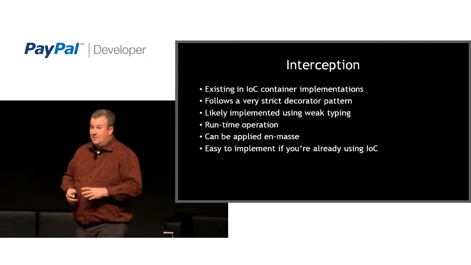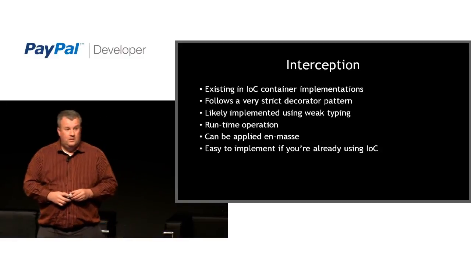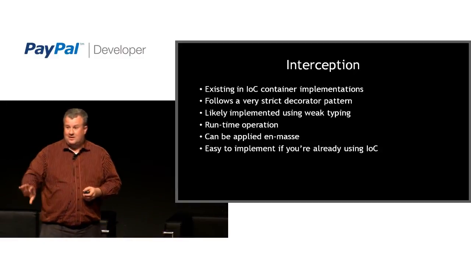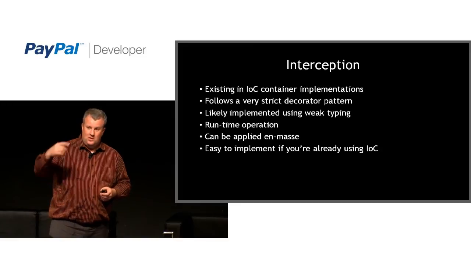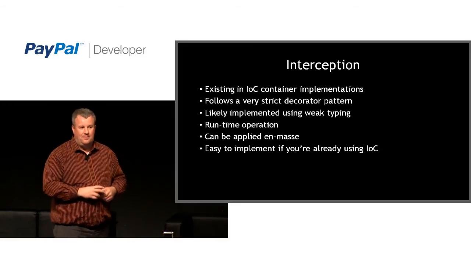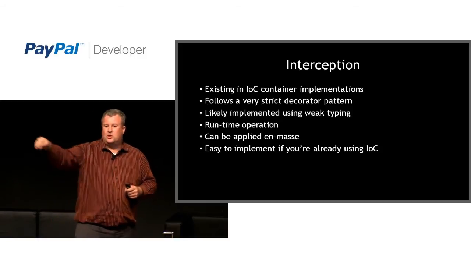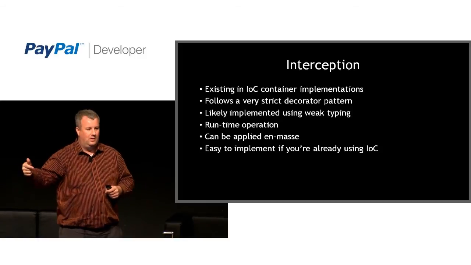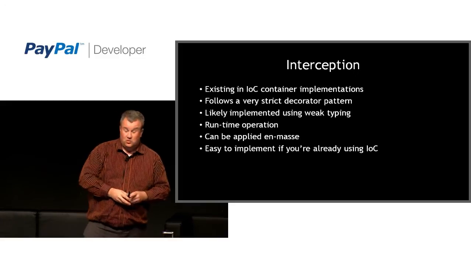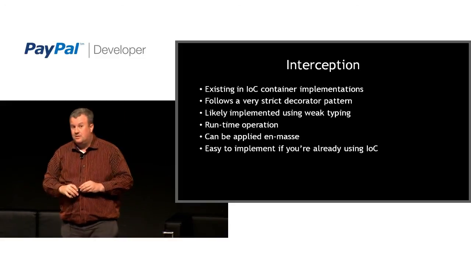Interception only happens at runtime. So it doesn't do anything at the compilation time of the code. When you execute your code, the interception happens then. And all it is saying is, instead of starting this method, I'll start this other one first and then go to that one after the fact. It's really easy to apply this en masse.